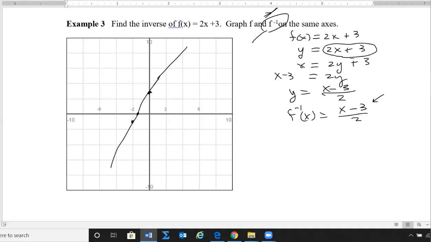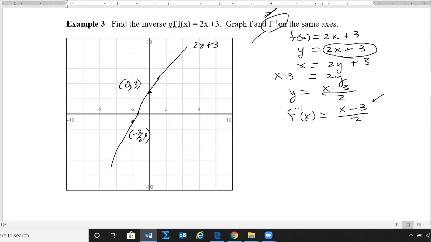Now let's look at the graphs of these. Up here I have the 2x plus 3 graph, and I have these two ordered pairs, 0, 3, and this one down here, which is negative 3/2, 0. Now forming the inverse basically switches the domain and the range.